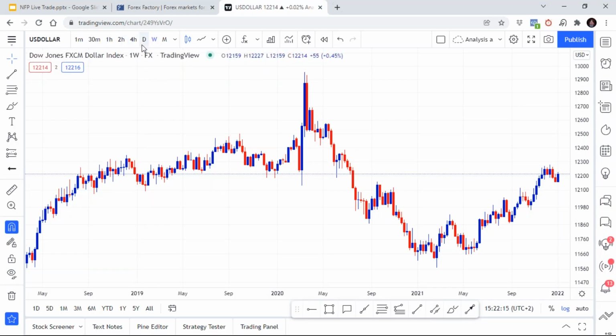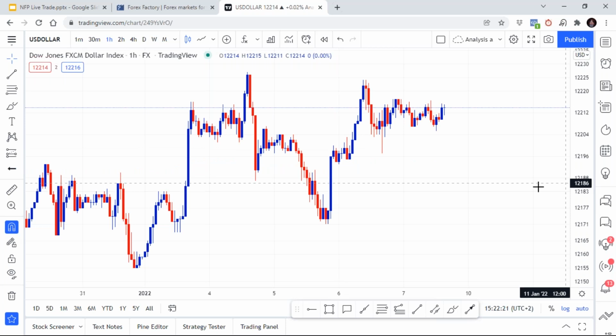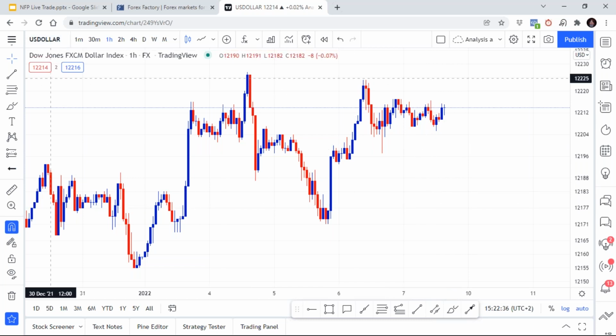Here's the US dollar. I'm going to just change this down to the 1 hour. And this is on Trading View. The reason that I've got it is because this is a live trade, on a live account. And because I'm employed by FXCM, I actually don't have the US dollar on my system.